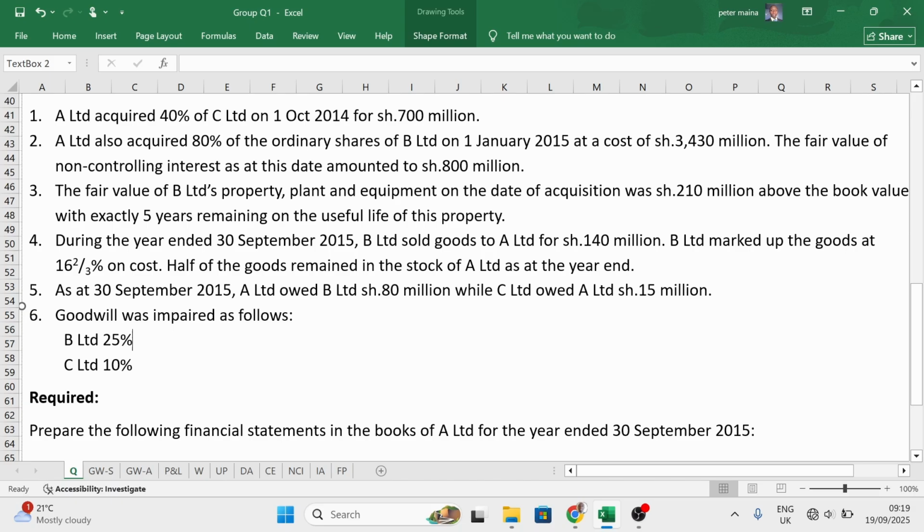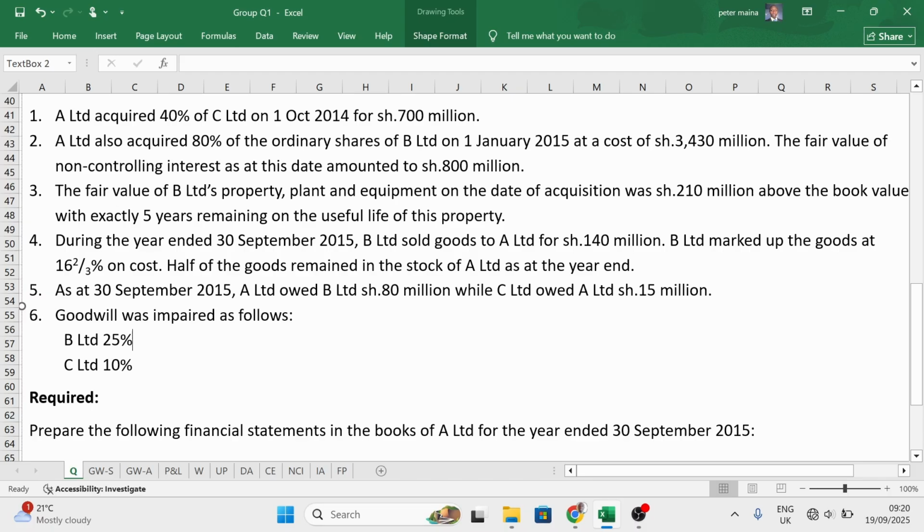Then point number 5 says, as at 30th September 2015, A Limited owed B Limited 80 million shillings, while C Limited owed A Limited 15 million shillings. So this is called intercompany debt, and we are supposed to eliminate intercompany debt between the parent and the subsidiary. For the associate, we do not make any adjustments because we don't consolidate assets and liabilities of an associate to those of the parent.